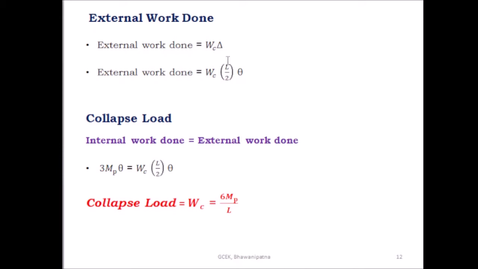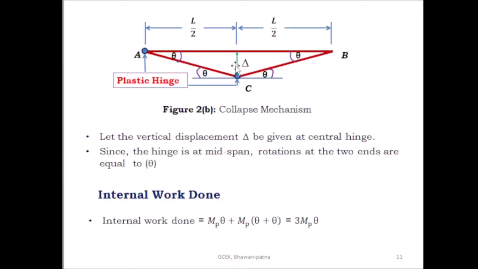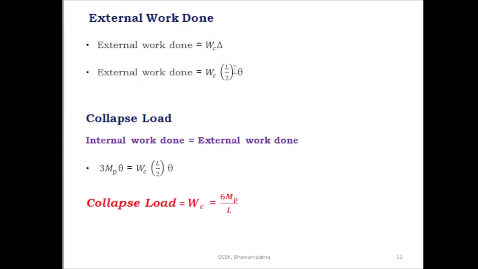But we know delta is equal to L by 2 into theta. So this is the delta, this is L by 2, and this angle is theta. So delta is equal to L by 2 into theta. After putting in delta as L by 2 into theta, the external work done is equal to WC into L by 2 into theta. This is the external work done.